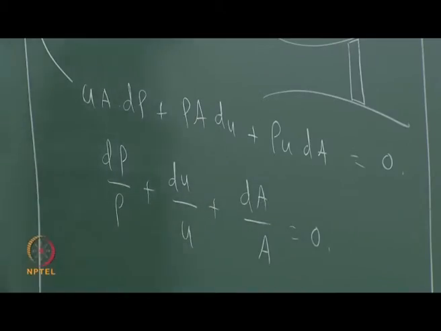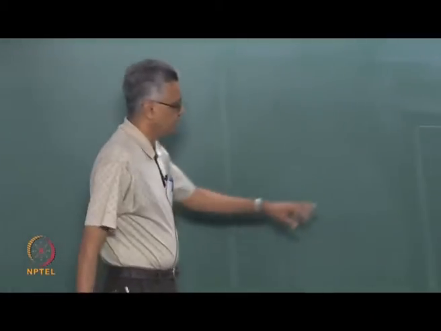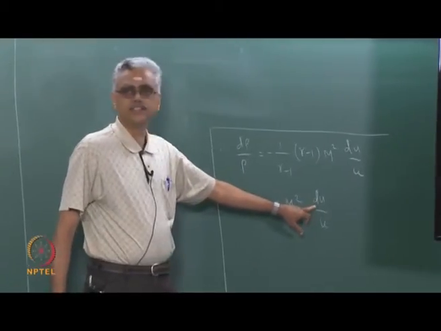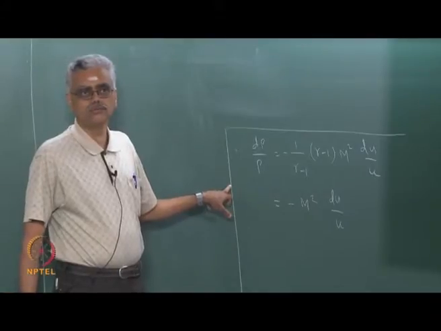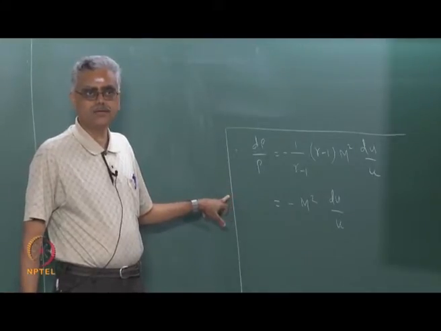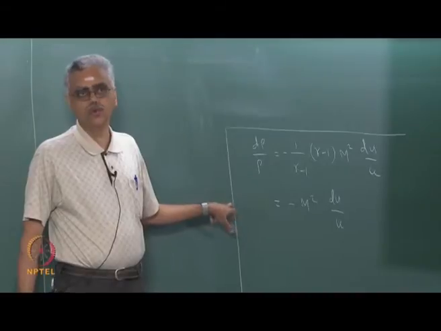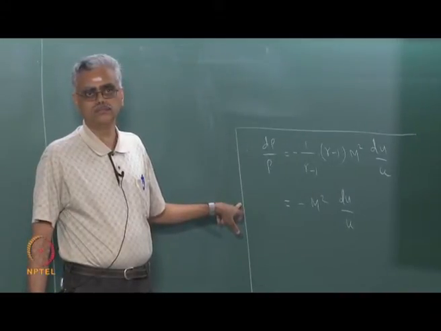On the other hand, if let us say the flow is supersonic and the velocity increases slightly, du is positive, then d rho over rho is actually negative and greater than du over u, right.